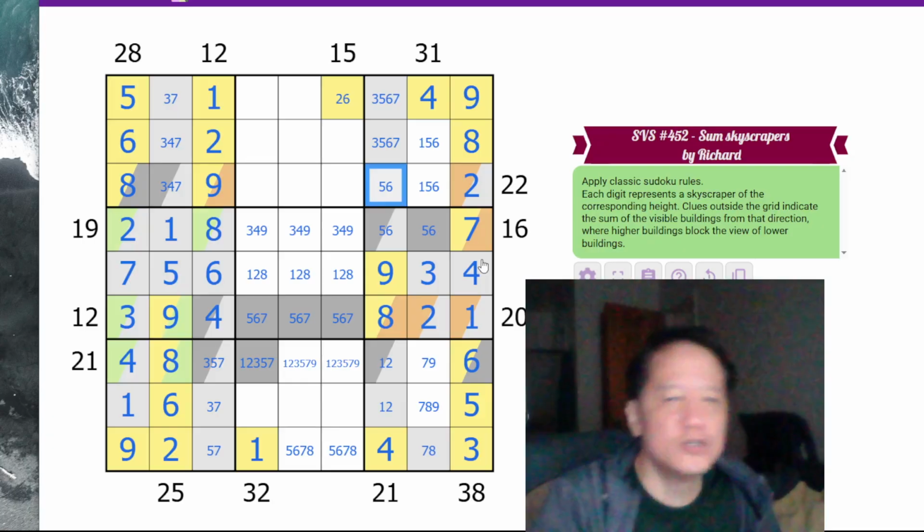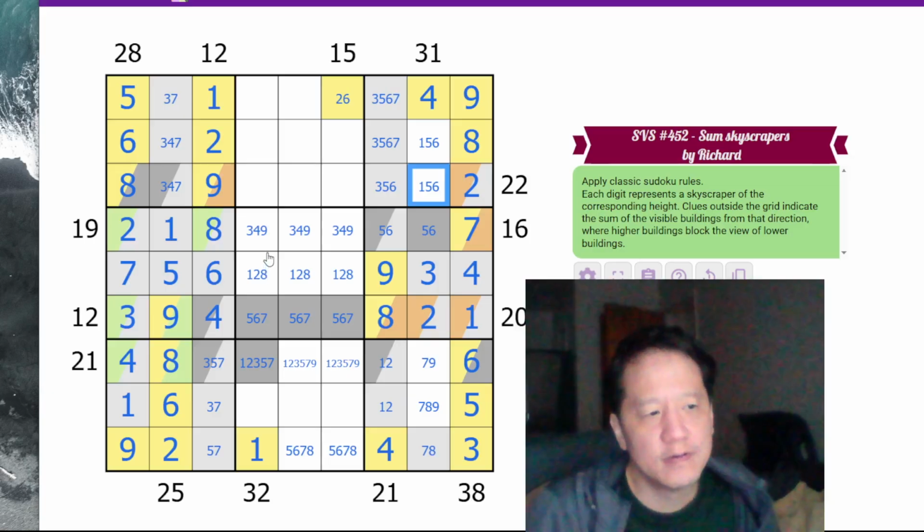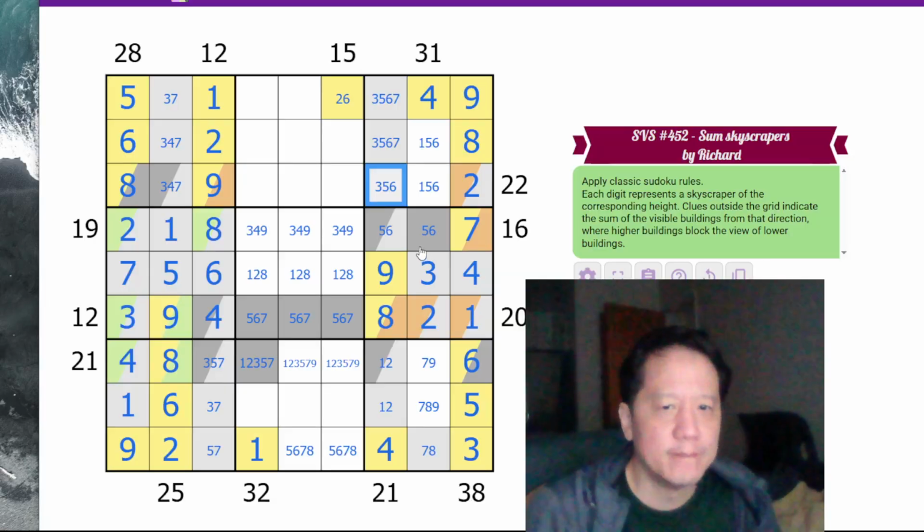Oh, wait, this could be 3 as long as this is 5. So this could be 3 here. But the thing is, the seen digits here have to be 5 and 6. And one of these two is 5. So it could be 1, 5, or it could be 5 with 3 there.